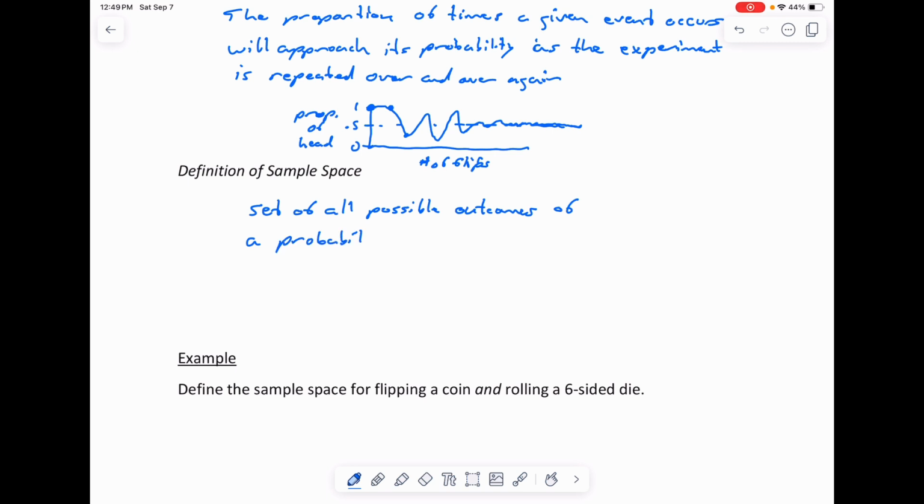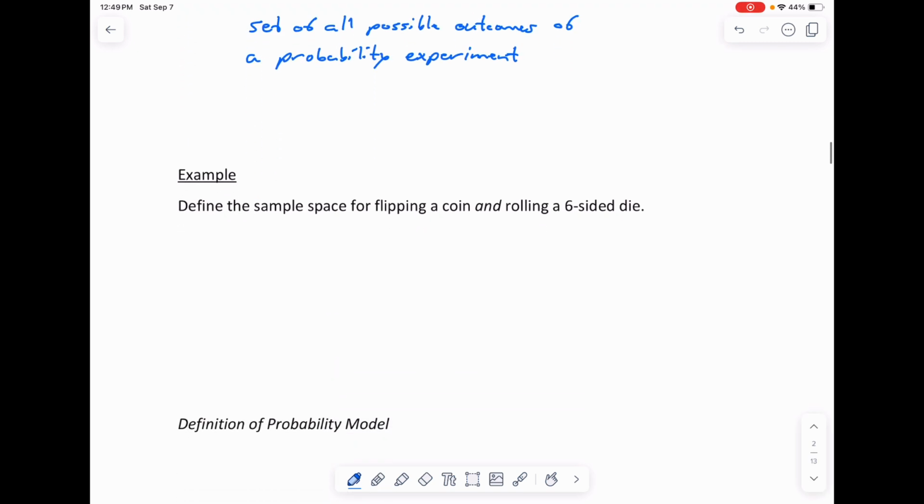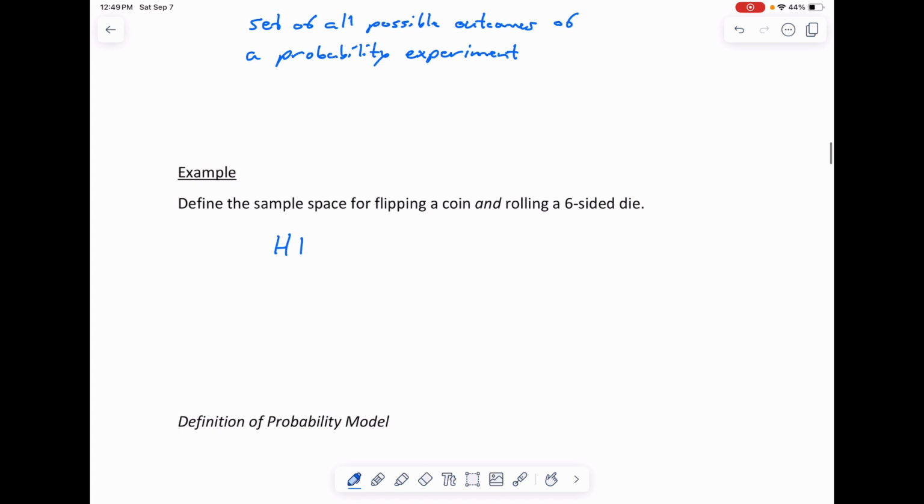So when I think about some kind of situation, flipping a coin, rolling a die, doing both, whatever the case may be, a sample space is just a list of every outcome that's possible. So for example, if I flip a coin and I roll a 6-sided die, so I'm looking at the result of the coin combined with the result of the die, and I want to know the sample space, well, I could get a head on the coin and a 1 on the die.